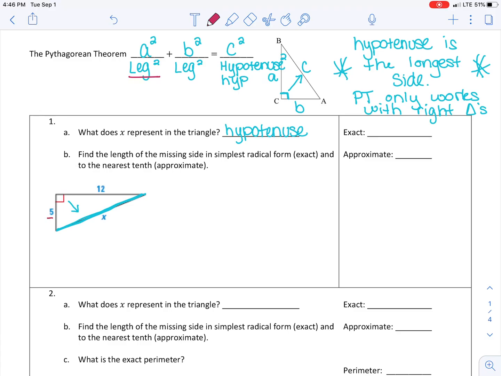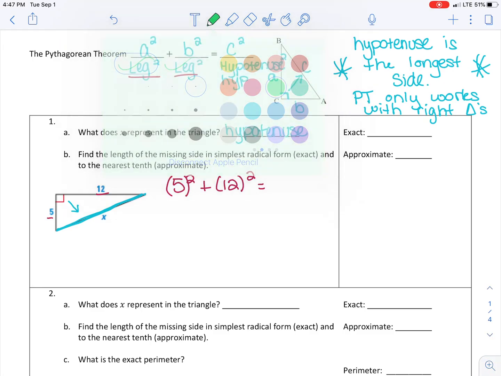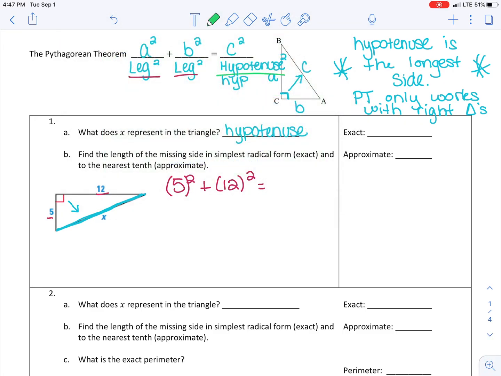Let's just take the 5, and we're going to square that. So we have 5 squared plus our other leg, 12 squared, and that is equal to our hypotenuse squared. And our hypotenuse, we don't really know yet, we're going to figure that out, is X squared.